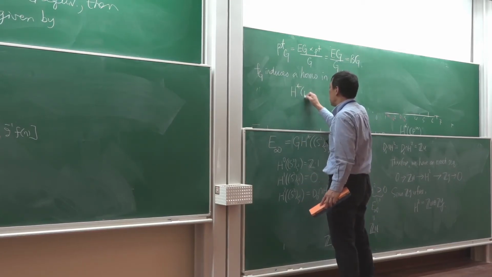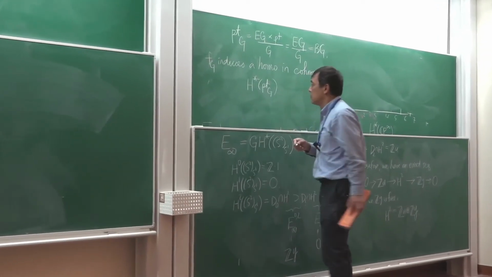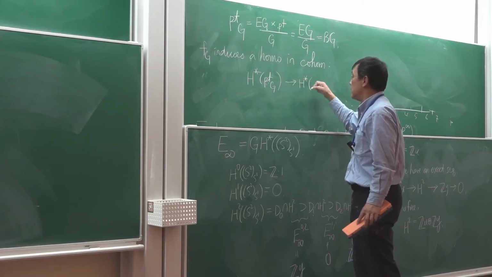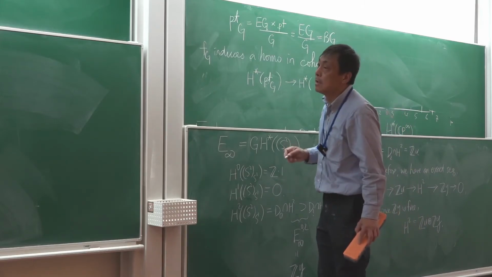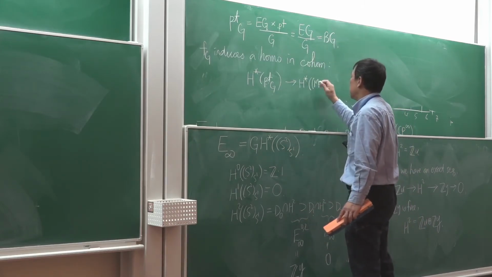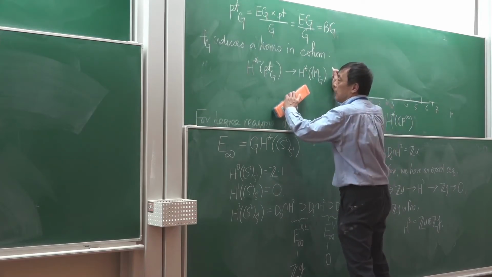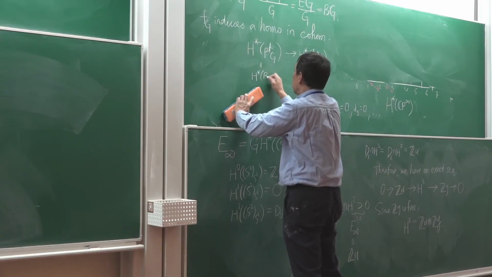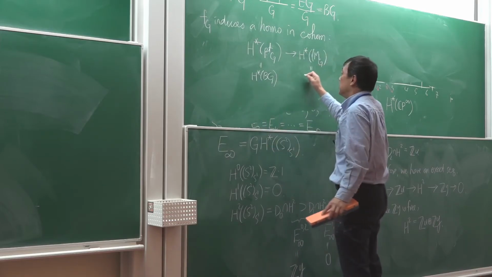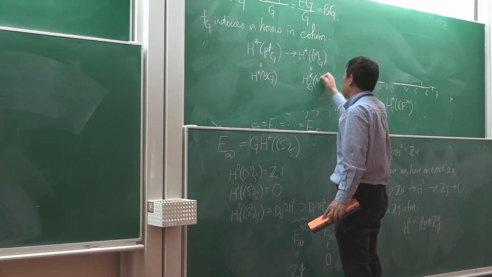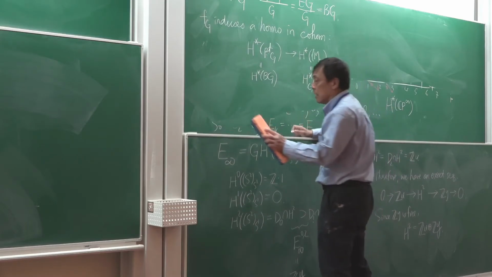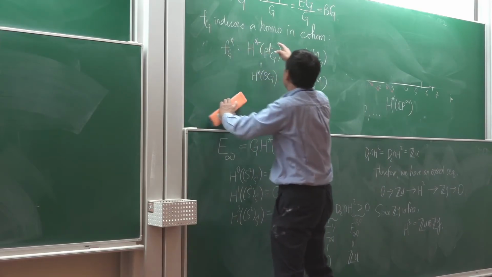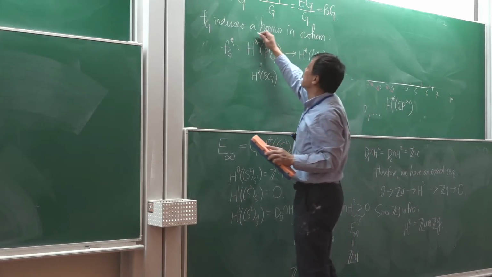So it goes from H star of BG, H star of the homotopy quotient of a point, to H star of M_G. Okay? And this is the cohomology of BG, and this is the equivariant cohomology of M under G. Now, the homomorphism is a ring homomorphism.